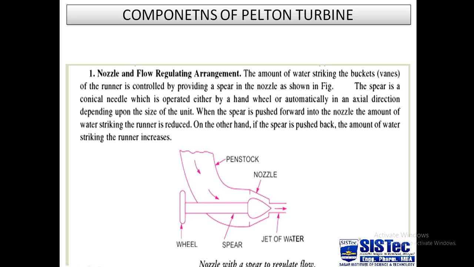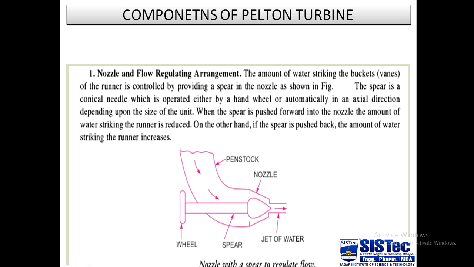Now, the first part is the nozzle and flow regulating arrangement. What is the nozzle? When we take water from the dam, the water is conveyed through a large diameter pipe to the turbine. This large diameter pipe is known as the penstock. The penstock may be of steel or RCC.